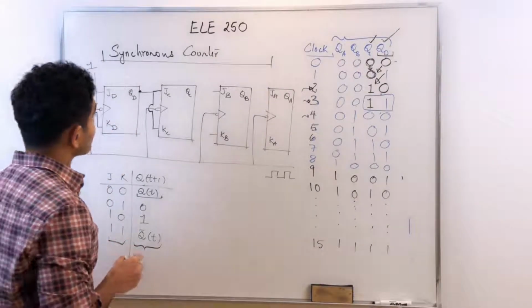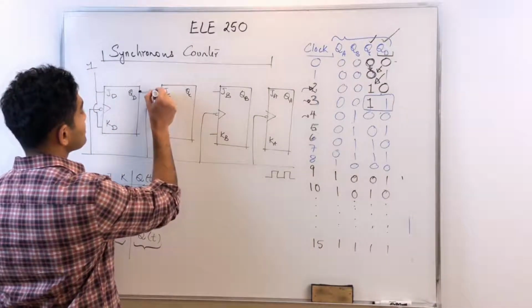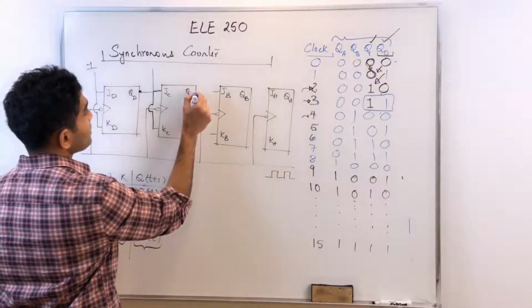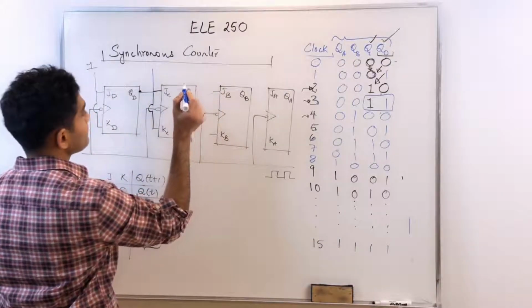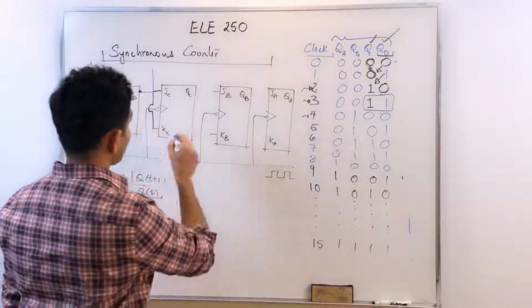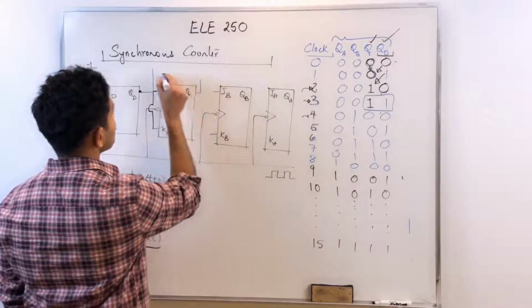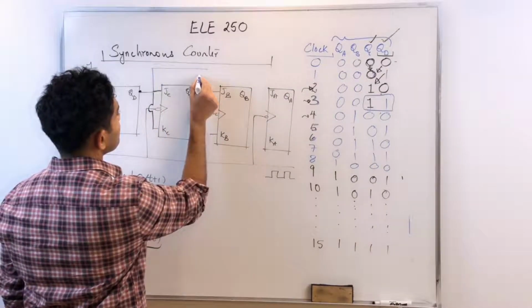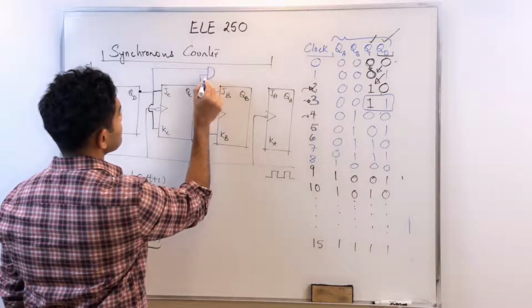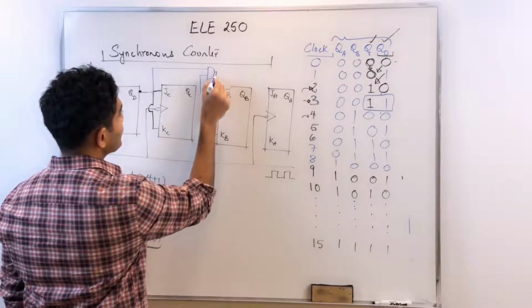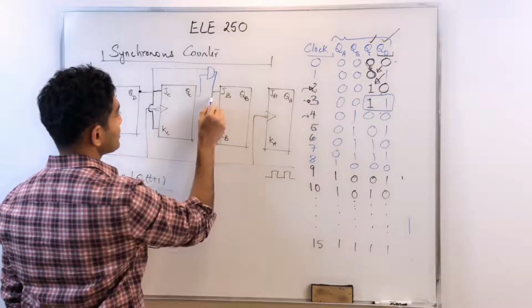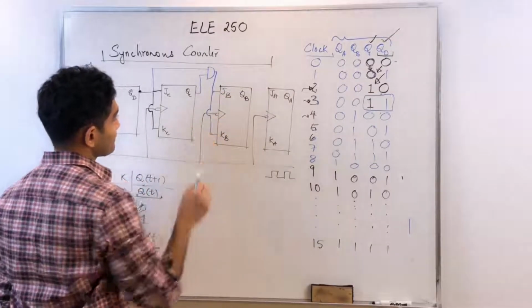So what I can do here is take QD and QC, apply an AND gate here, and apply the output of the AND gate to both JB and KB.